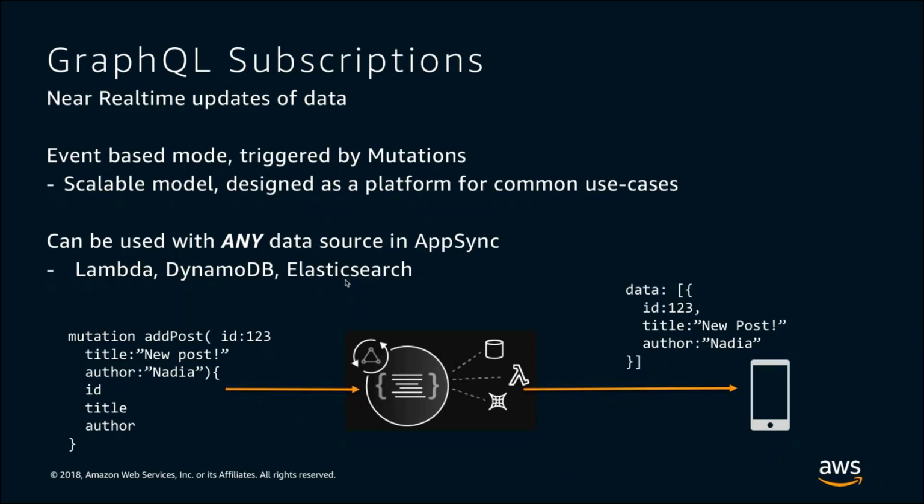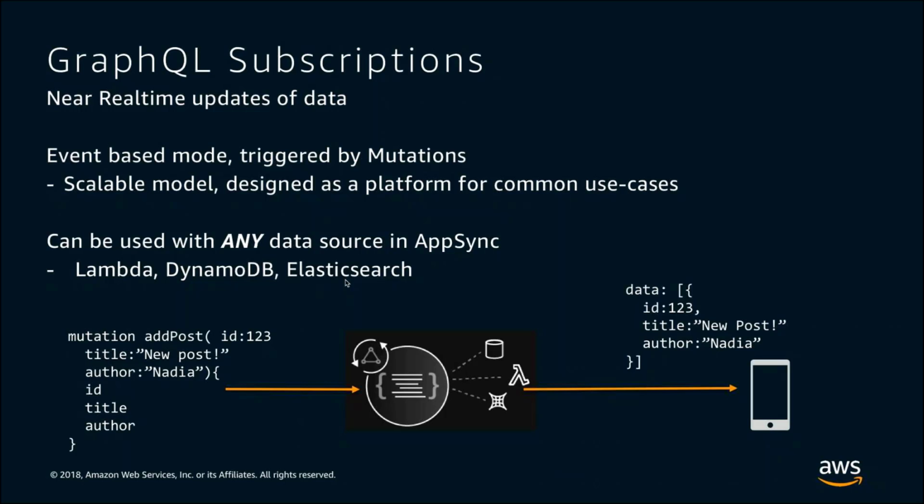What this means is that whenever a mutation occurs, you can associate a subscription operation to that mutation. And this allows you to scale to any data source. So you can have a Lambda function as a data source, or a DynamoDB table, or an Elasticsearch endpoint as a data source, and it's super scalable.